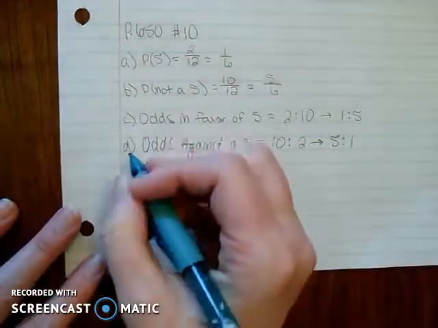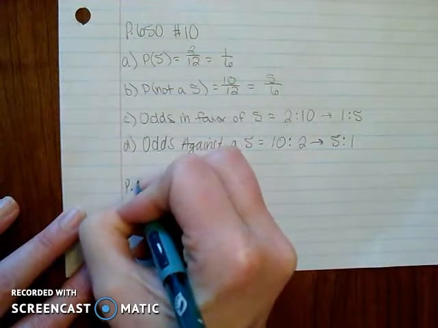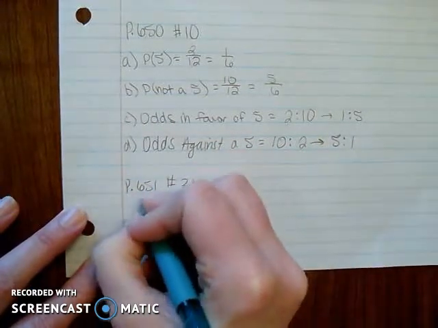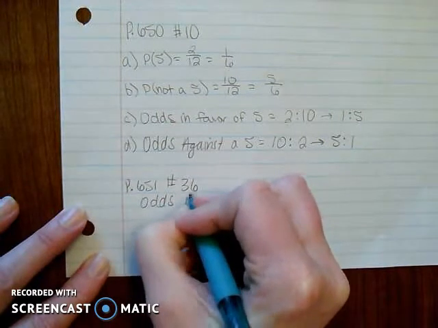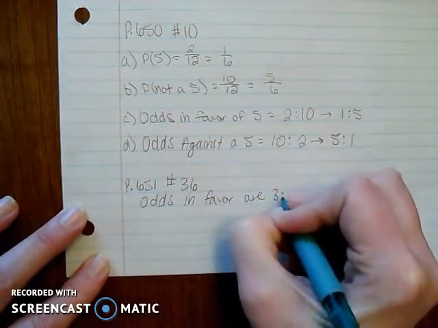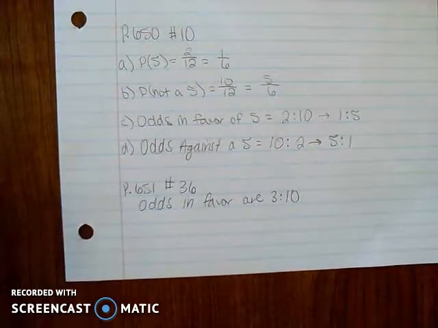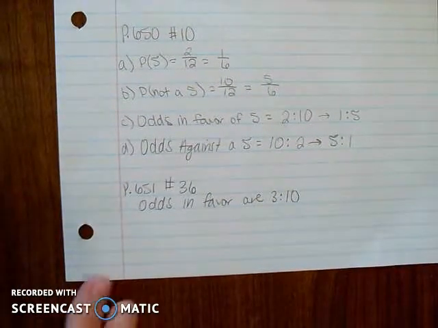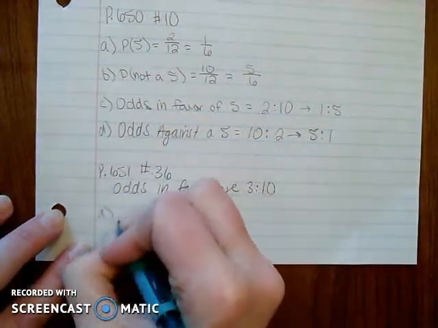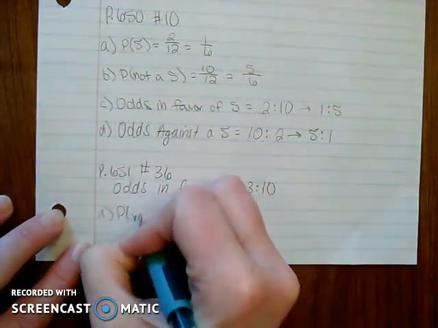The other one we're going to look at is page 651, number 36. It tells us that the odds in favor of him selling the motorcycle, I think it is, are 3 to 10. So that's the odds. Part A wants the probability that he will sell.